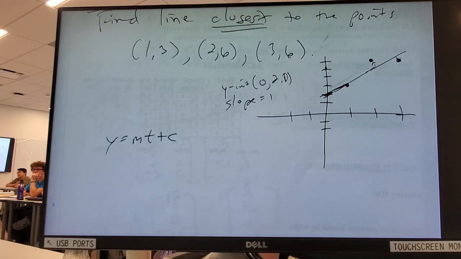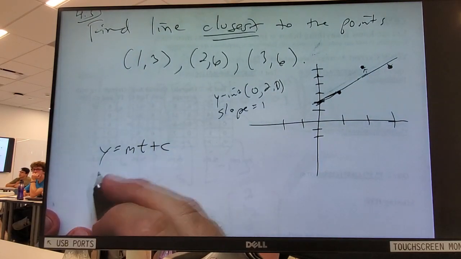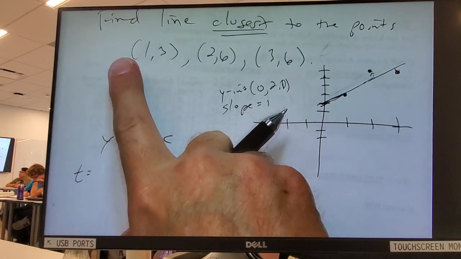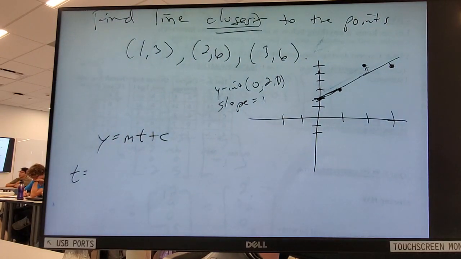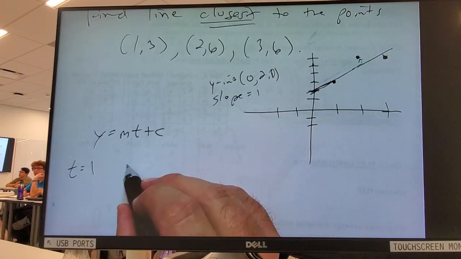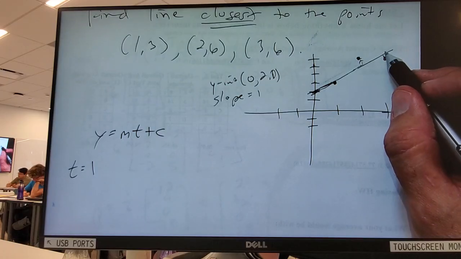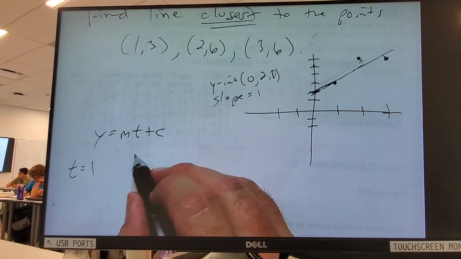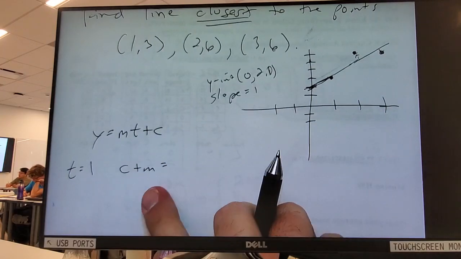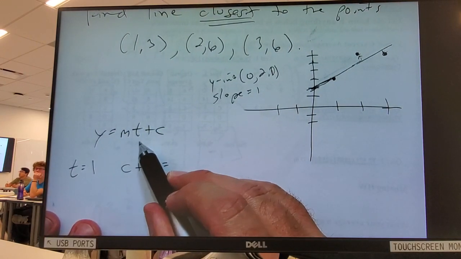Can somebody help me? What values of T are we talking about? What are the values of T? Here are my points: 1, 2, 3. For T equal 1, if T is 1, isn't it C plus M times 1?